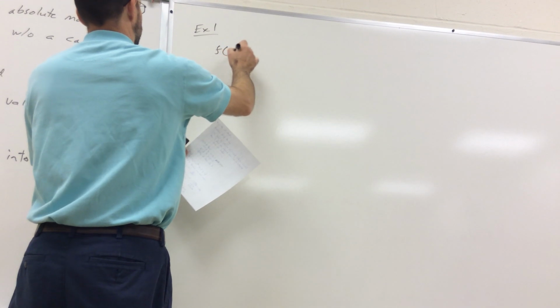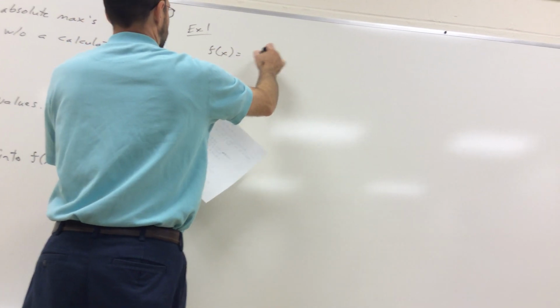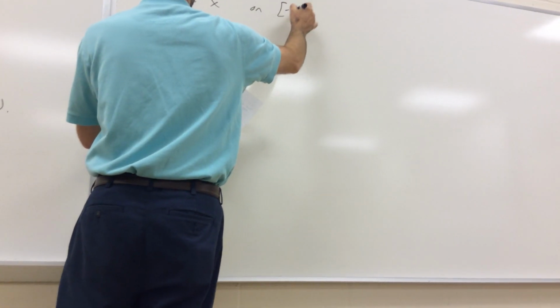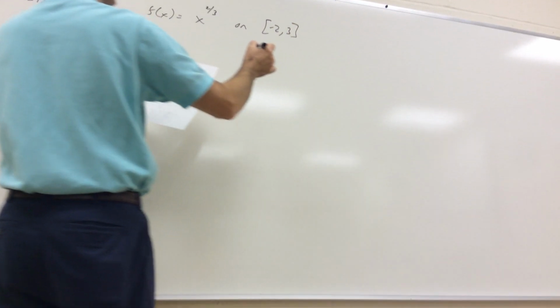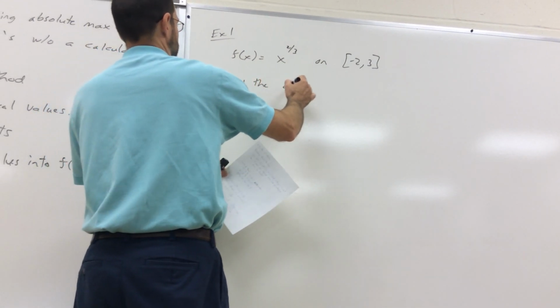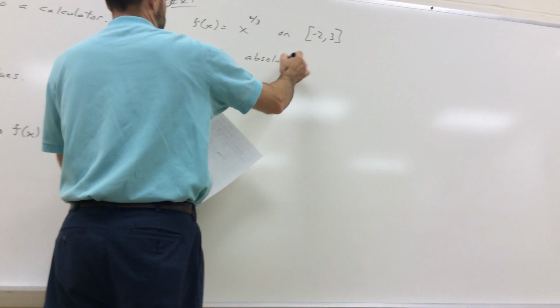Our first function is going to be f of x equals x to the 2/3, and it's on the interval [-2, 3]. And we're going to find the absolute extrema.